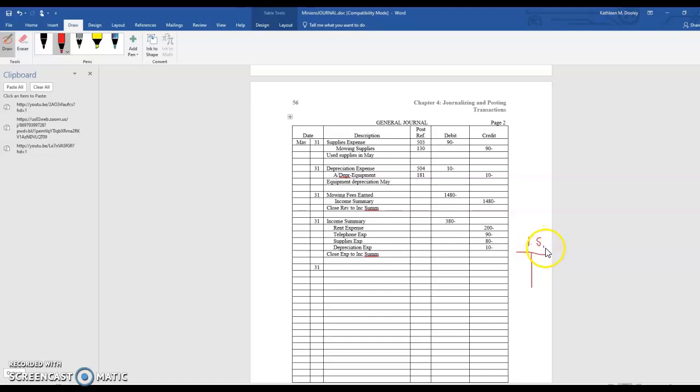This is income summary. Okay, now what have we put into our T account? Well, we have income summary up here. It's credited for $14.80. Okay, and we have income summary debited in the second closing entry for $3.80.